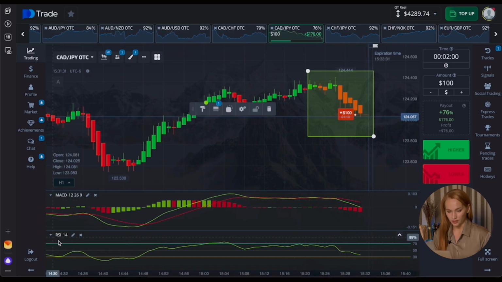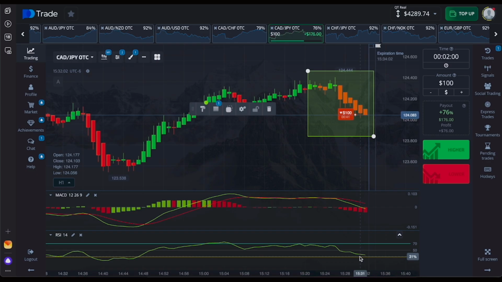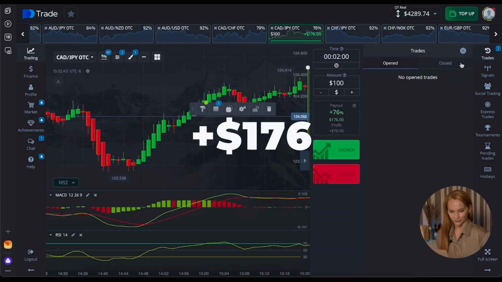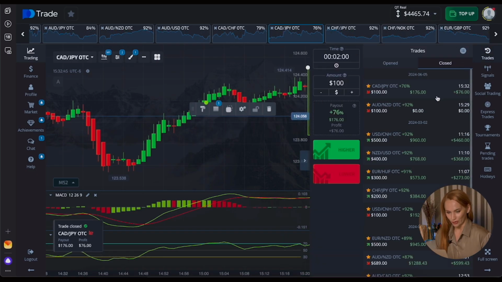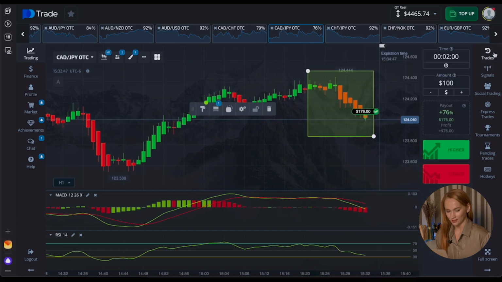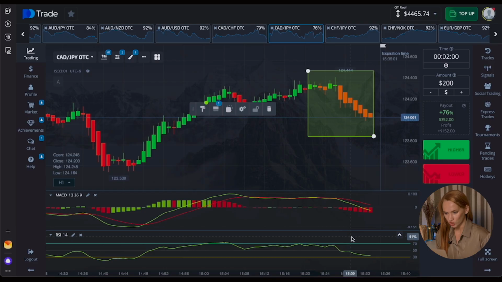Another indicator, RSI, is leaning towards support. Wonderful. Our deal has made a profit. We can see it's $76. As you can tell, the analysis was 100% accurate. Plus, we checked the deal with the RSI indicator, which we also talked about previously.